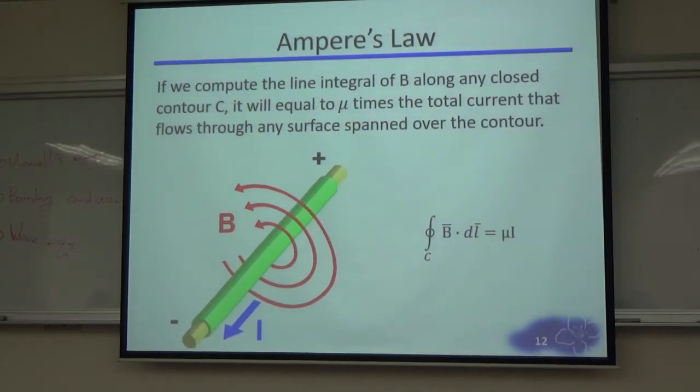And this is Ampere's law. Okay? You take a loop line integral, you will obtain the current. This is your second equation.